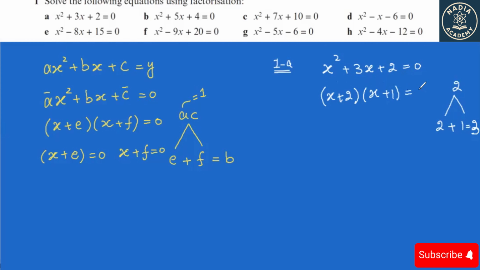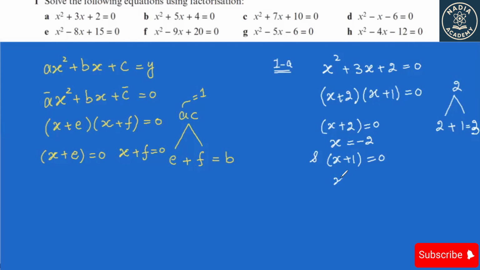Of course, they are equal to 0. So now we can put x + 2 = 0 and x + 1 = 0. From the first factor, x is equal to negative 2. This positive 2, when it moves to the other side of the equation, changes its sign.